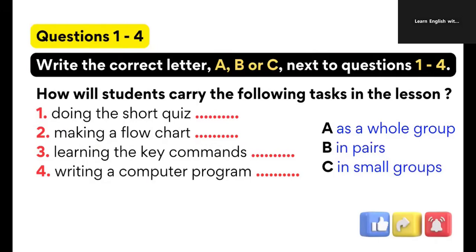Okay, so how shall we do that? With the teacher talking to the whole class again? Well, we could, but it might be more fun to make it more like a competition, where there are a few teams competing against each other. Each team has maybe 4 or 5 people in it, and they have to do some kind of matching task. You know, they match the command PRINT with 'to make text appear on the screen', something like that.